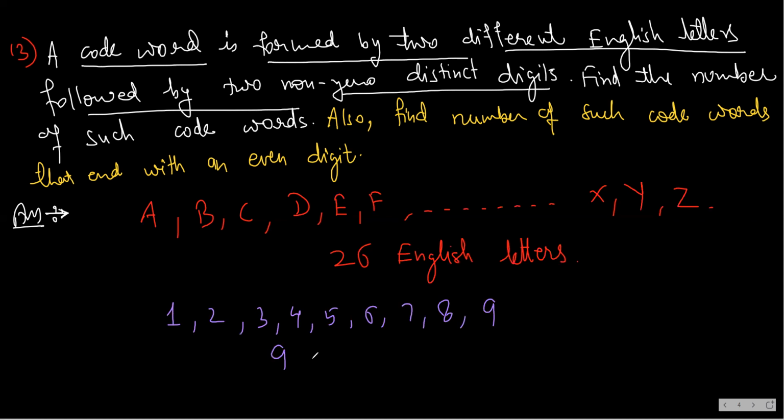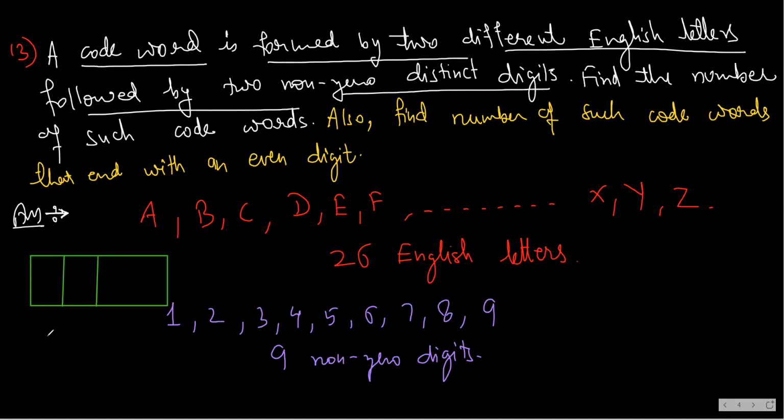These are 9 non-zero digits. Now try to get the question here. They're saying a code word is being formed. You are forming a code word. Now in that code word, the initial 2 places are 2 English letters from the alphabet.